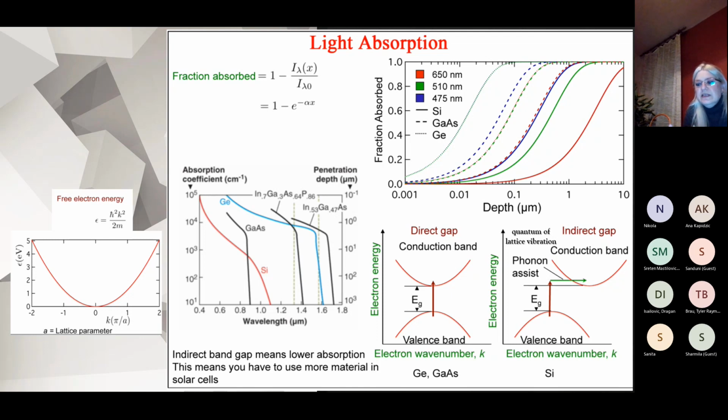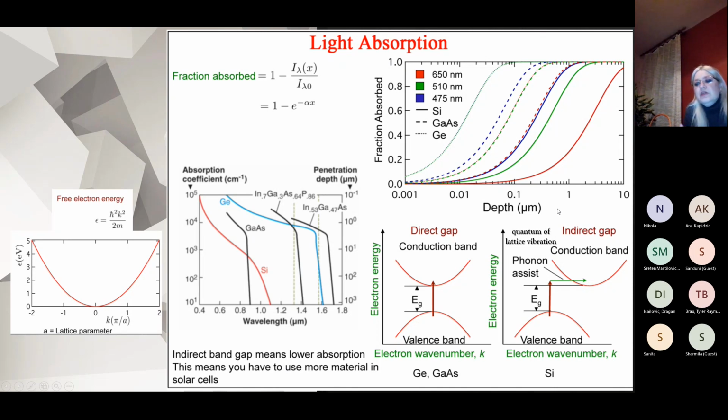It means that if you want to use crystalline silicon in a solar cell, you need a really thick layer, because your photons will penetrate quite deep into this layer or film of crystalline silicon.